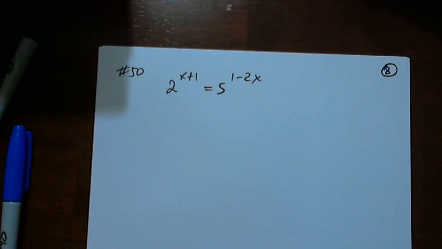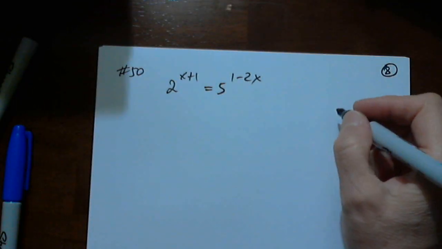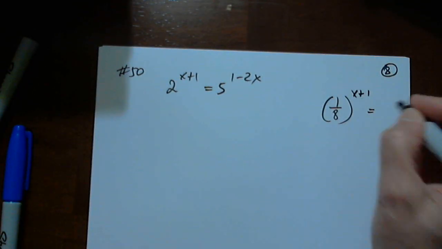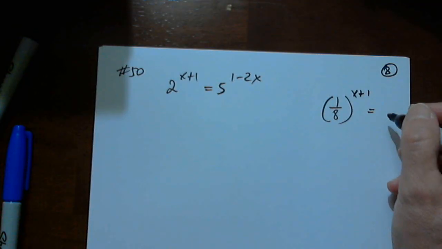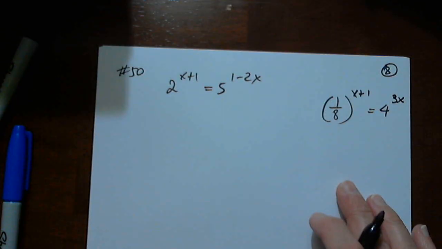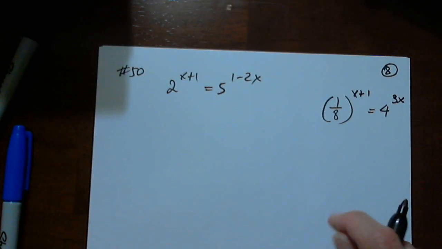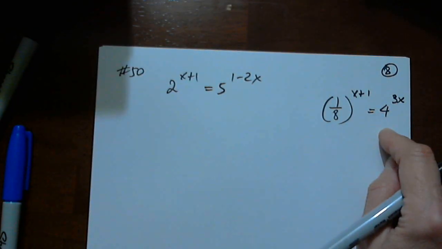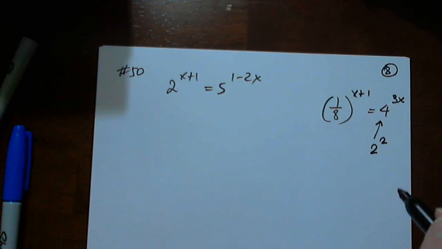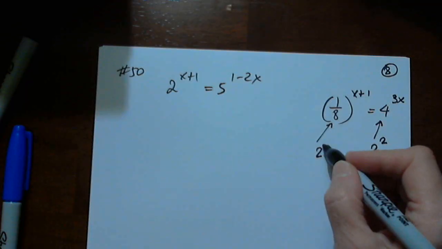Well, if I had the situation, let's say 1 over 8 to x plus 1 equals, let's say, 4 to the 3x, I would say piece of cake, because both can be presented with the same base. This one can be replaced by 2 squared, and this one can be replaced by 2 to negative 3.